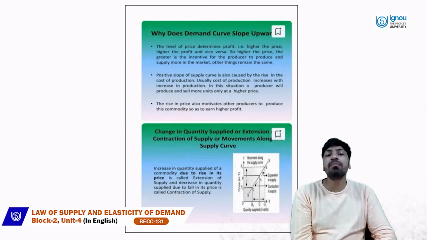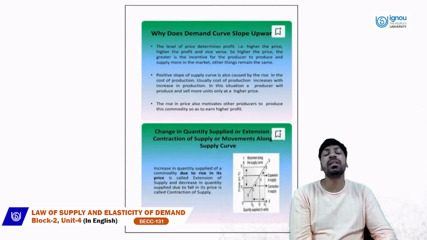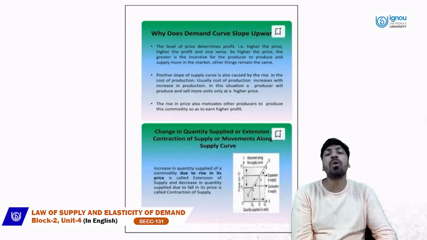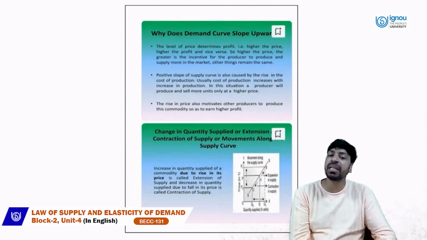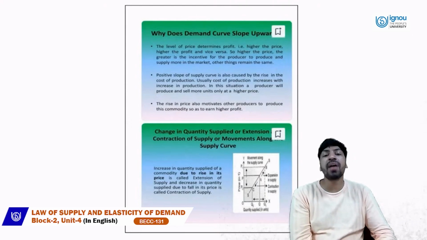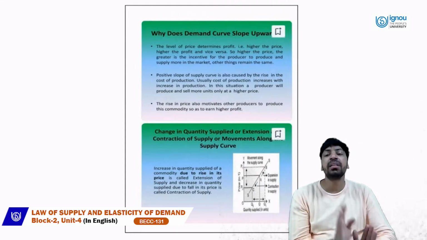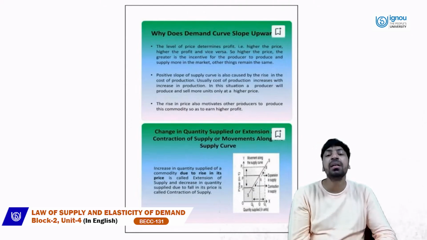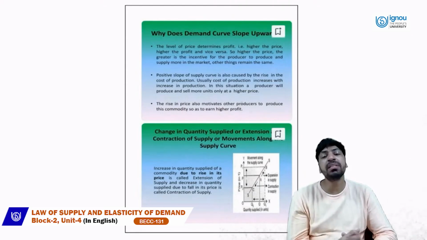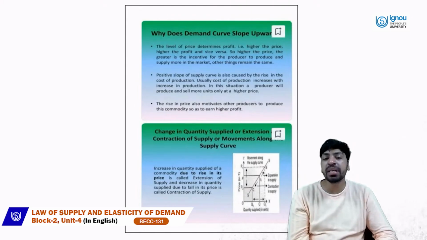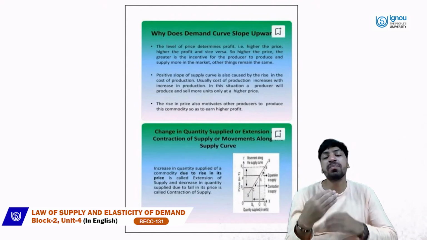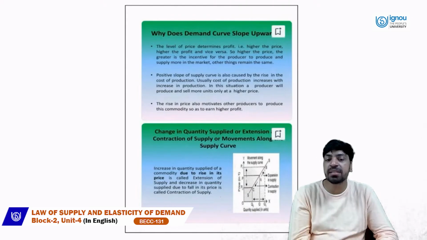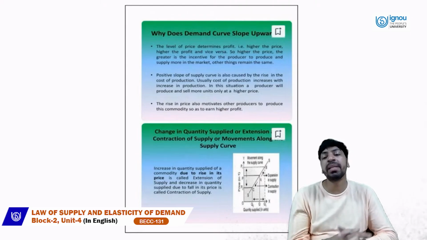So now if we talk about the new concept, that is change in quantity supplied, or extension or contraction of supply, or movements along the supply curve. There is a graphical representation shown here: any increase in the quantity supplied of a commodity just because of an increase in the price is called extension.